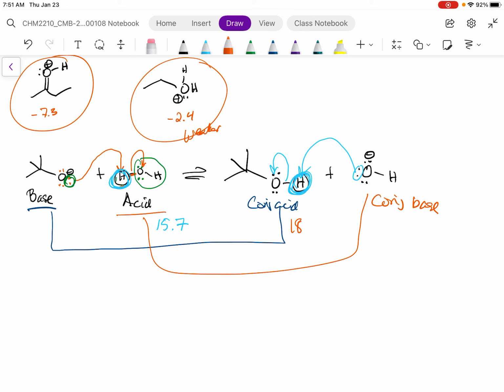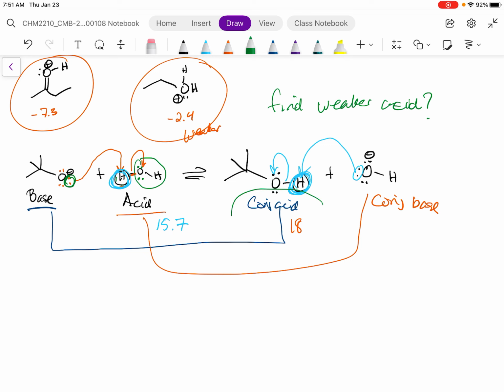Okay? So the way that we do that is we take a look at the pKa's. And we ask ourselves, what you want to do is find the weaker acid. Where's the weaker acid?